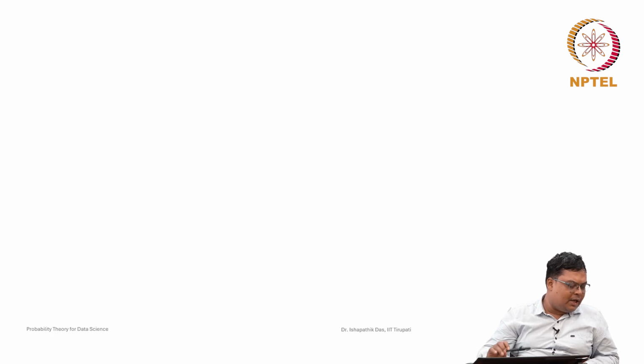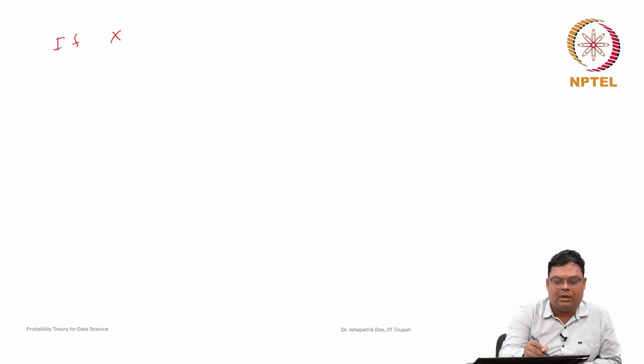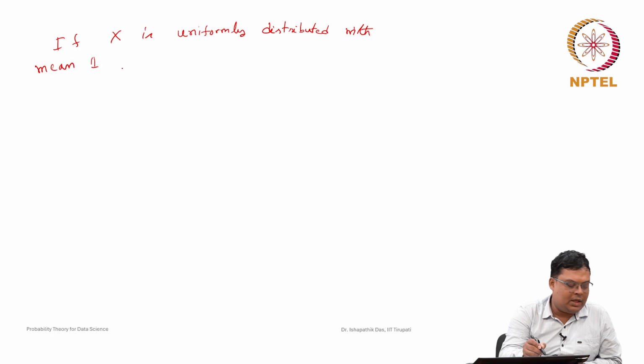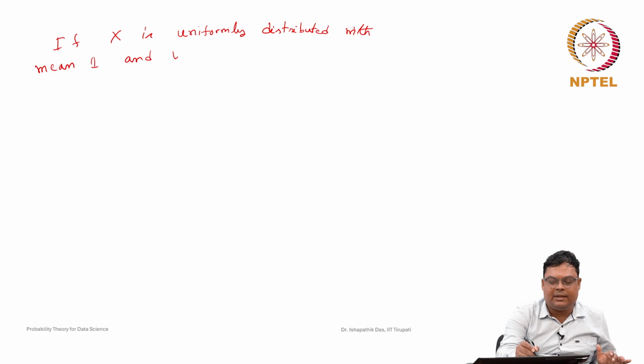Suppose x is uniformly distributed with mean 1 and variance 4 by 3.